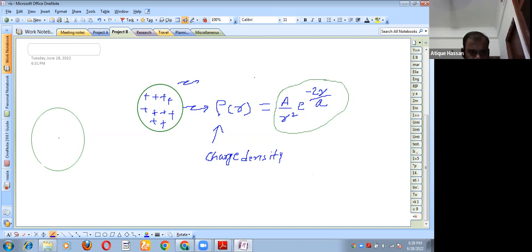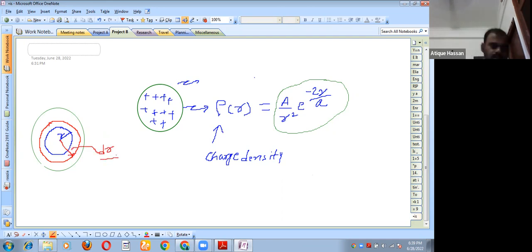Suppose we have a sphere. Here the charge is variable, so we cannot calculate it directly. We have to use some integration. So for that, I will consider a small sphere of radius r and thickness dr. Got it? We have to consider a small portion of this sphere.